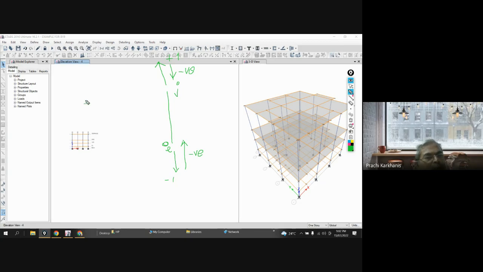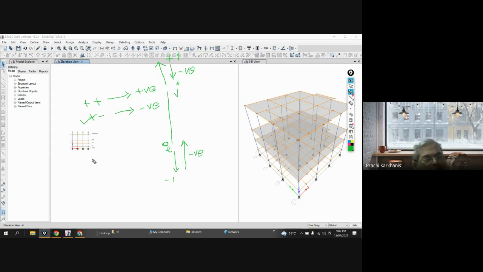See, positive phase, positive direction will be shown positive. Positive phase, negative direction will be shown negative. Clear? You can see over here, the phase is positive, but the direction is negative. So that's why negative.